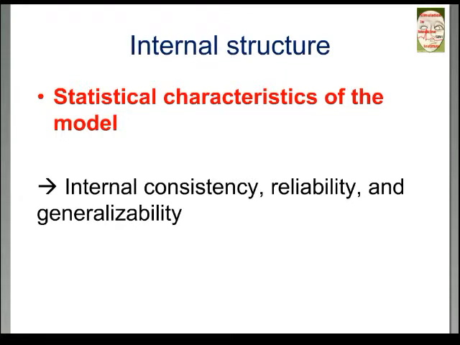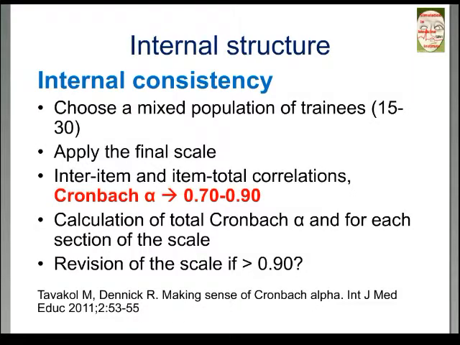At this stage of the validation process, you should consider recruiting a mixed population of trainees, both novices and experienced ones, between 15 and 30 participants who are not considered as guinea pigs. Internal consistency of the scale means the pertinence of the chosen items to describe the process without redundancy.